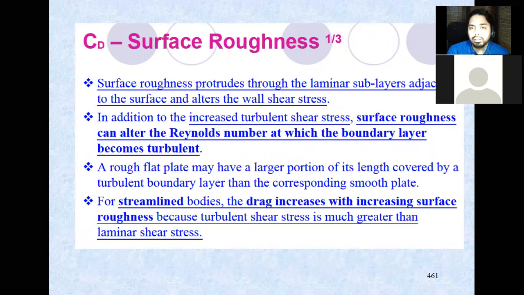Surface roughness also induces drag, mostly because of the friction drag. This is interesting because you assume that if you have a rough surface, you're going to have high friction. Intuitively, you will think like that.